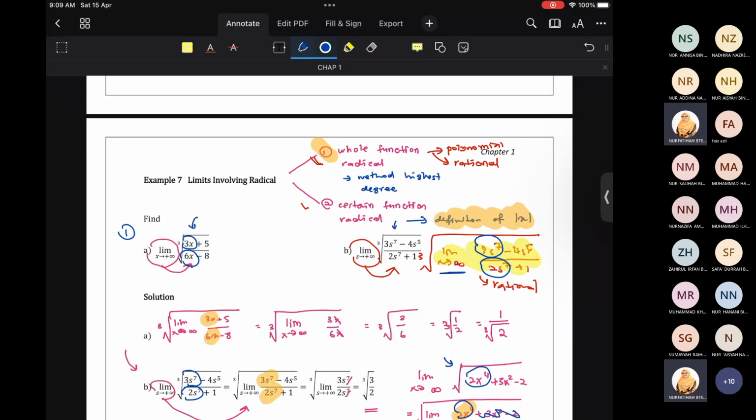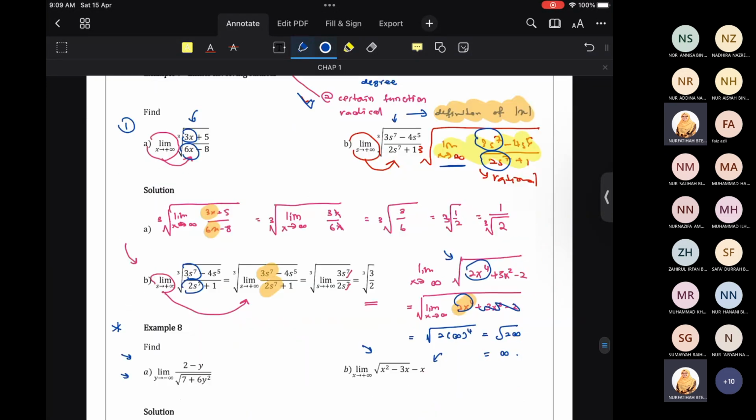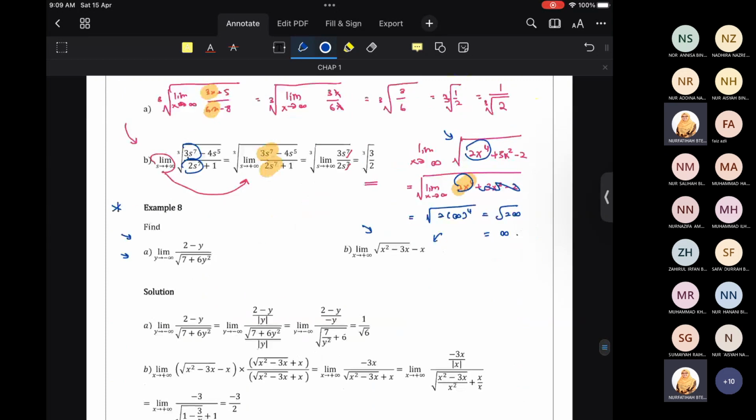Now we go to the second case, di mana certain function sahaja yang ada radical. The example for certain function that has radical is like this one, example number 8. Cuba tengok kenapa certain function sahaja ada radical?